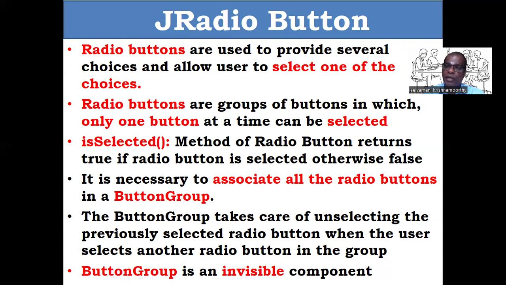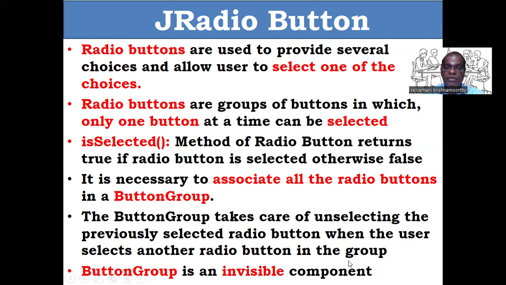For example, we have one button group 1. The button group 1 is associated with the male radio button and the female radio button. Then whenever we select male, the female radio button will automatically be deselected. That work is carried out by the button group.